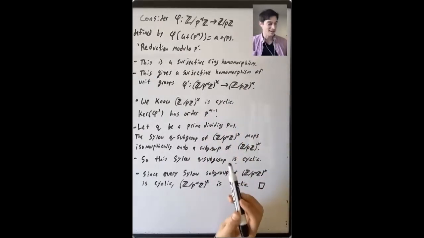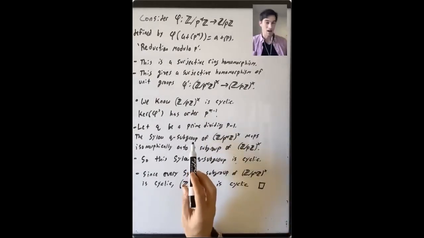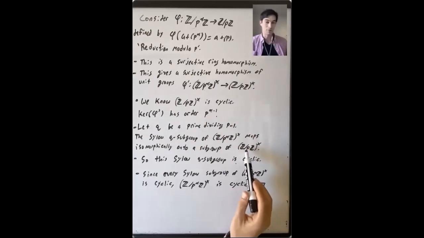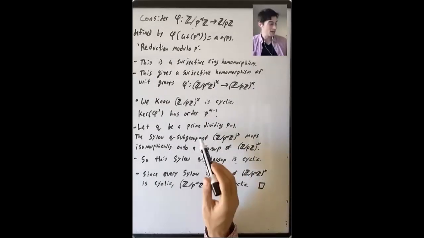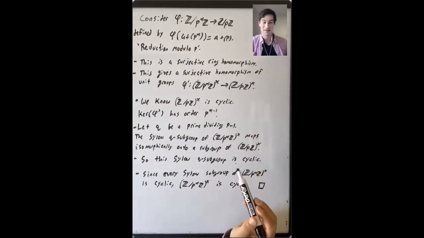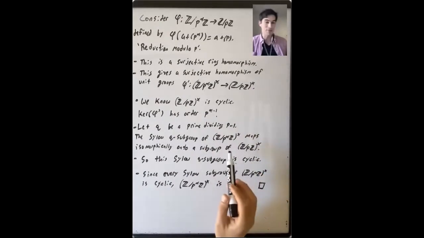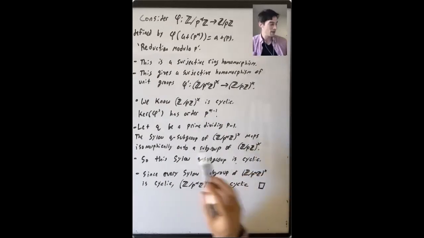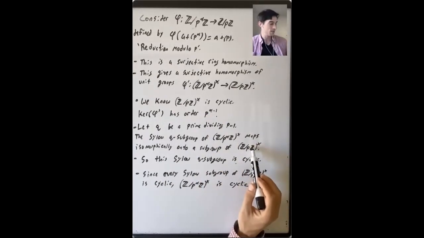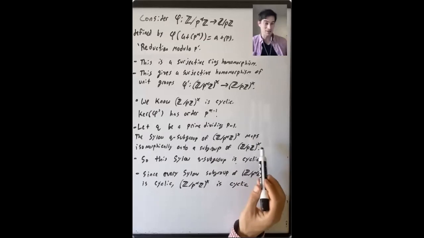OK, but then if you have a finite abelian group that maps isomorphically onto a subgroup of a cyclic group, then the group that you were mapping had to be cyclic. Right? If you had a copy of Z mod qZ cross Z mod qZ, that can't map isomorphically onto a subgroup of (Z mod pZ)star because (Z mod pZ)star is cyclic.